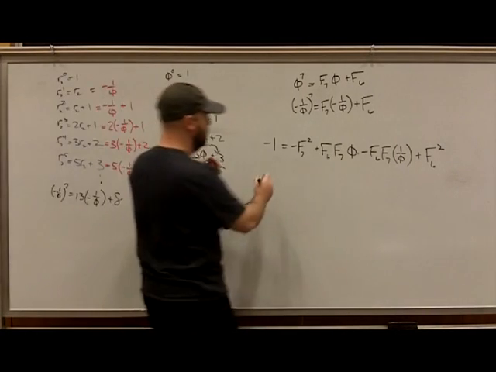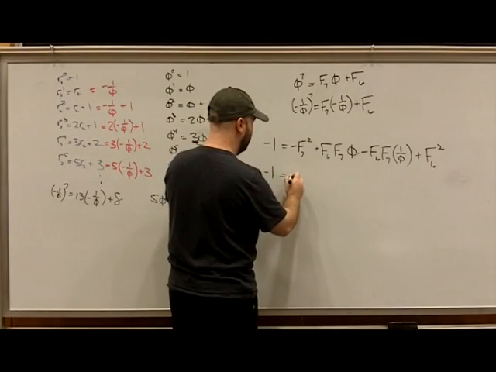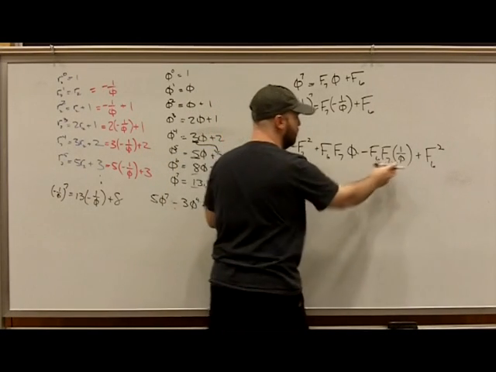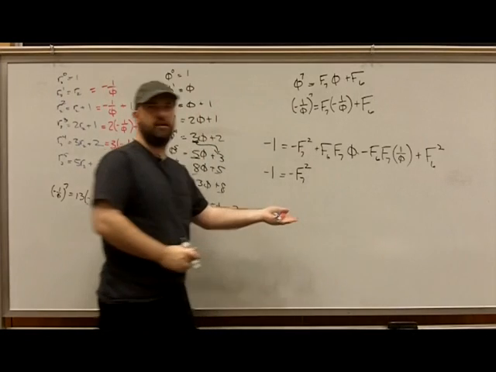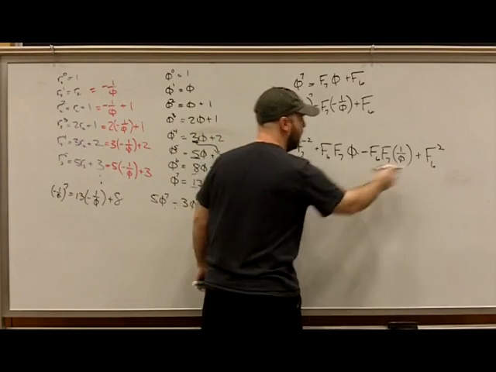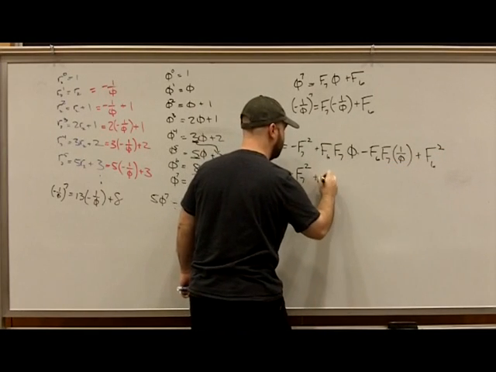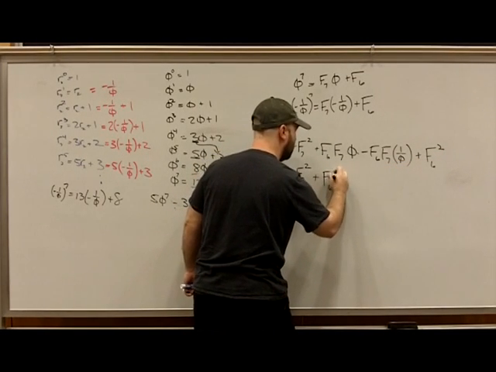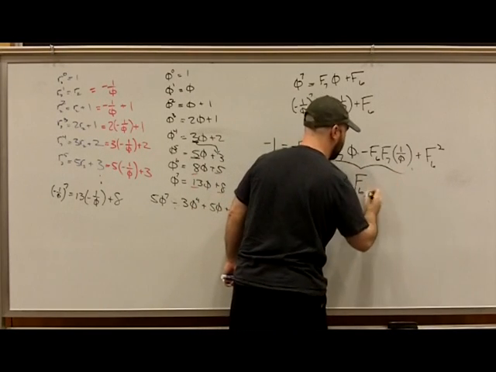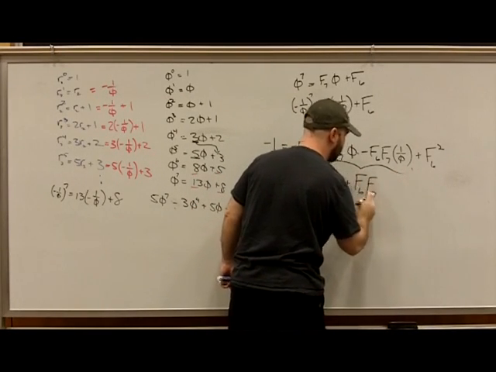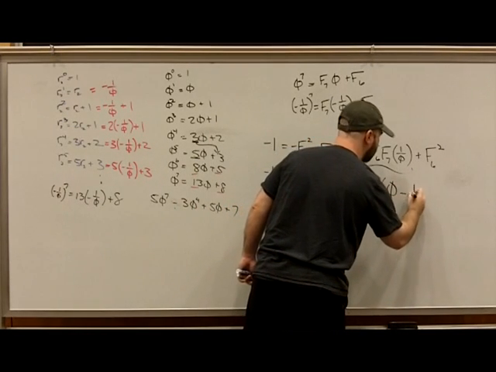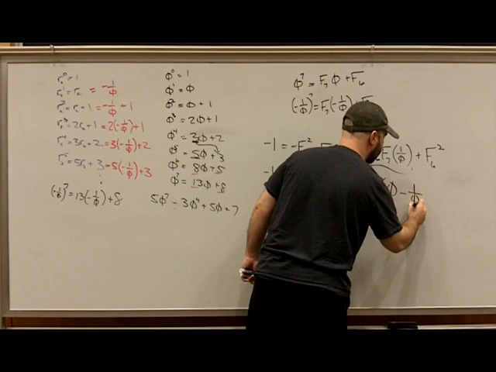So let's see. Negative 1 equals this part right here. Now, these two both have f6 and f7, so it seems reasonable to factor those out. But I'm going to bring this guy over right here first, and then I'll factor out f6 times f7. And then we've got phi minus 1 over phi.